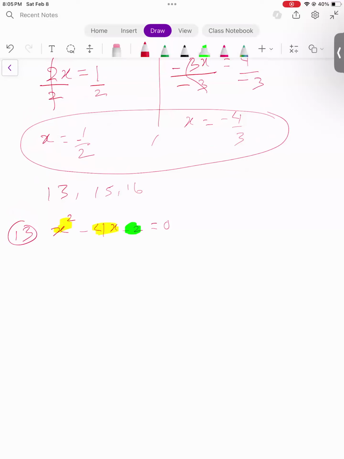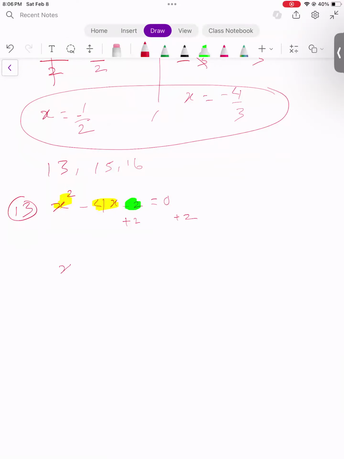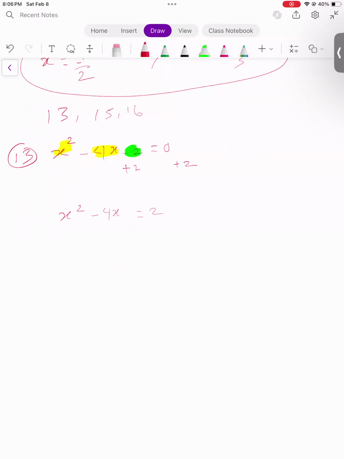So let's add 2 so that we can get rid of the constant from the left side. This gives us x square minus 4x equals 2. Okay, this is your first step. You are writing every term with a variable on one side and the constant on the other side.